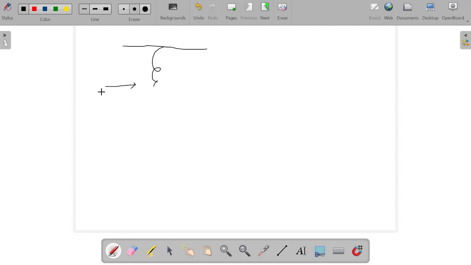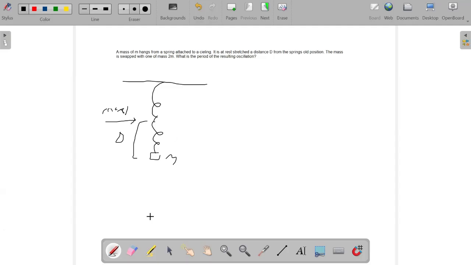So this is relaxed. This is its position normally. Now we attach a mass here, causing it to stretch a distance d. This is d. And this is mass m.